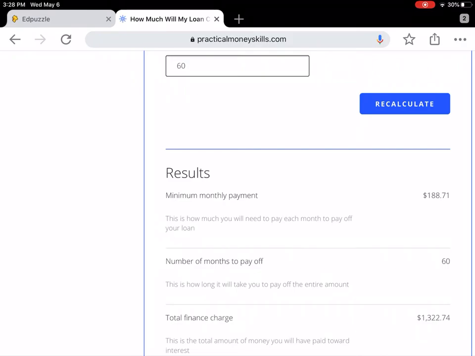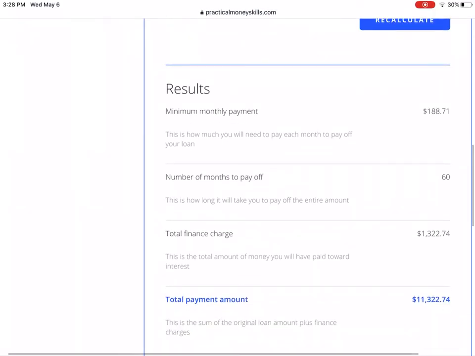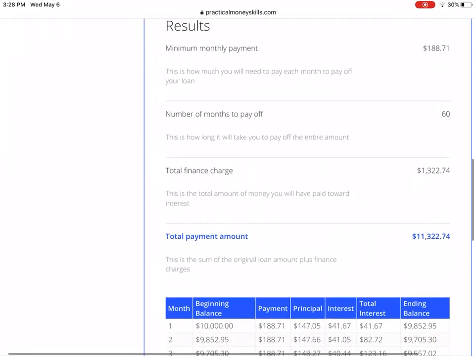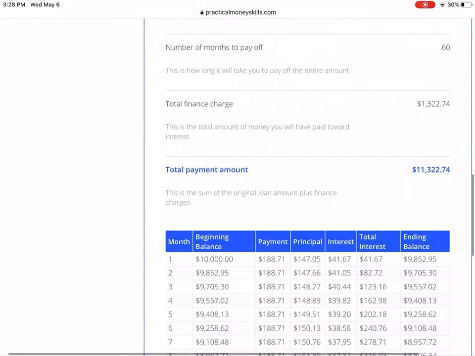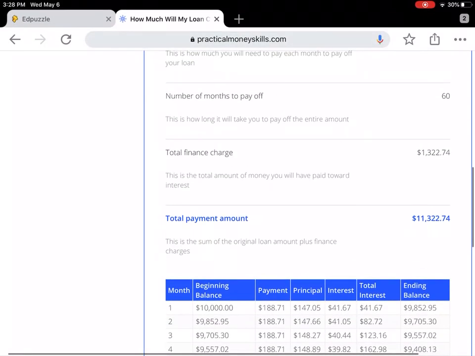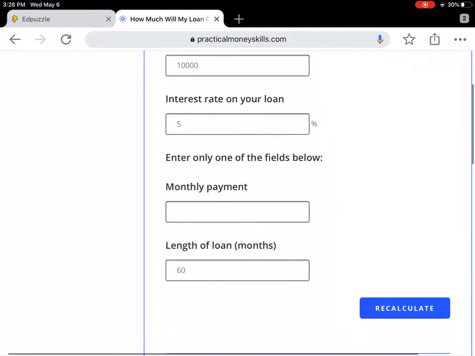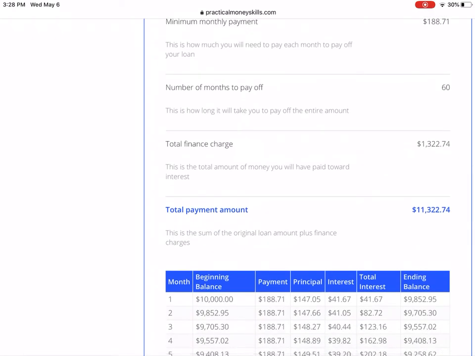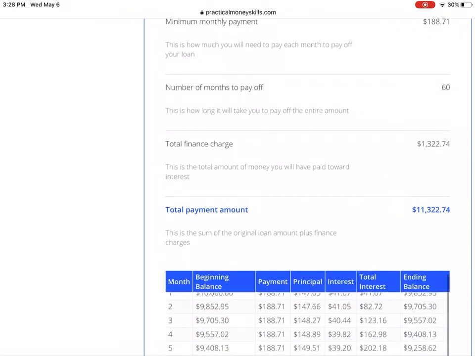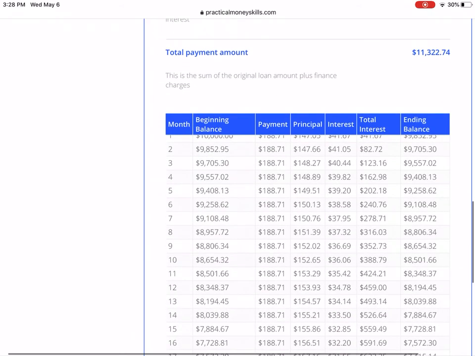Our monthly payment dropped by about $40, and the amount that we're paying over time is now $1,300 instead of, was it $2,100 or whatever, or $2,700. So think, just a 5% change here changed our finance charge by a significant amount of money.